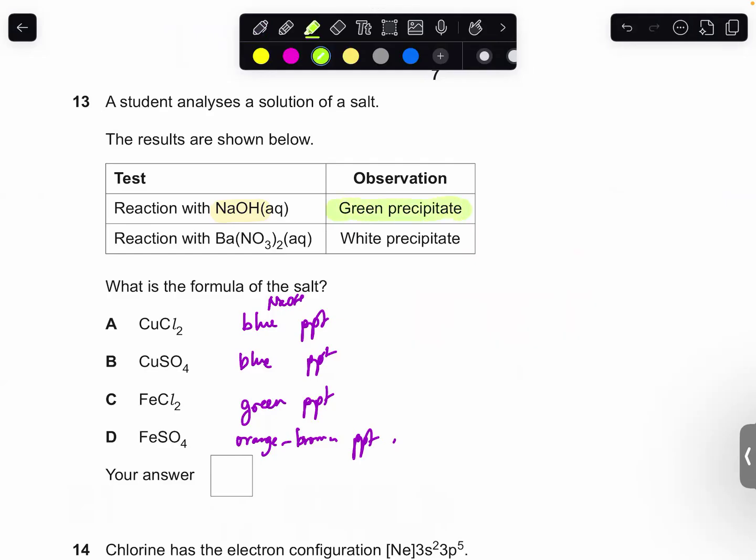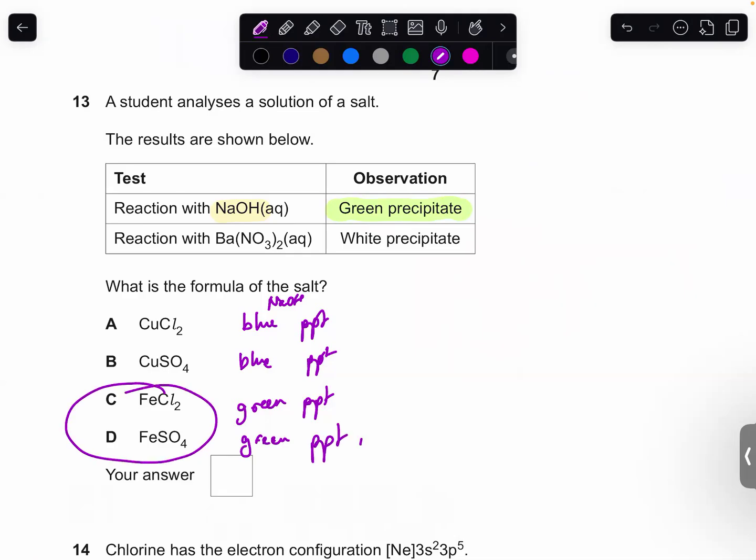Whoops, I just realized that D is also a green precipitate because it's also a 2+ ion. I thought it was a 3+ ion. So it narrows it down to these two. And the fact that barium nitrate solution produces a white precipitate is actually a test for a sulfate ion. Which one of those two is a sulfate ion? It is D.